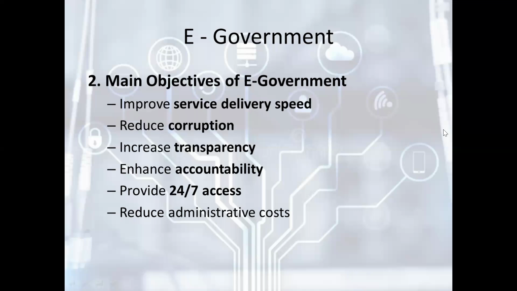Increase transparency. That means everything is visible, right to information. You have the right to information. Everything is recorded, not manually, automatically. So no human interference, so there is less corruption. All the details are recorded somewhere.